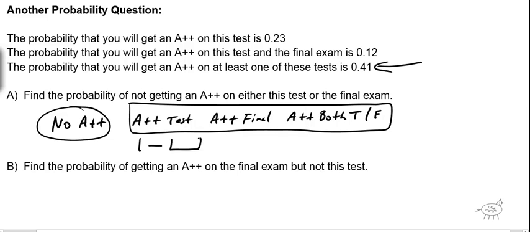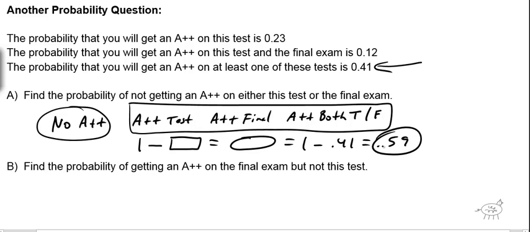That gives me the no A++ at all, right? Because one of those 4 cases has to happen. So if you know the one with a rectangle and you subtract that, you get the no A++. So it's basically 1 minus 0.41, which is 0.59. That's the answer.